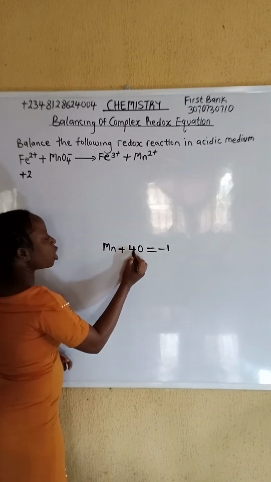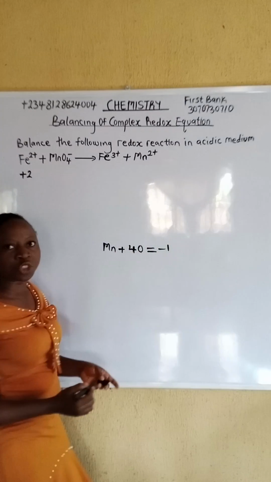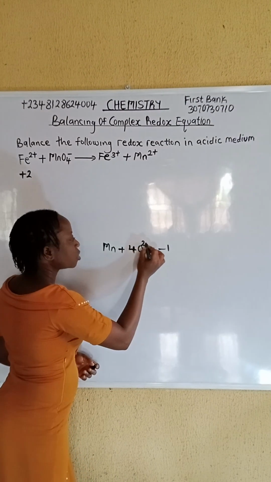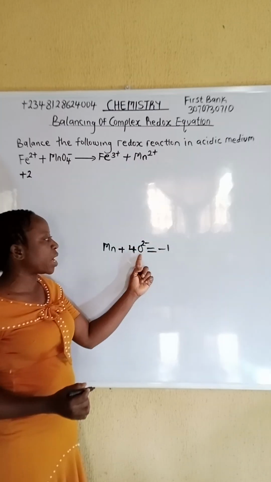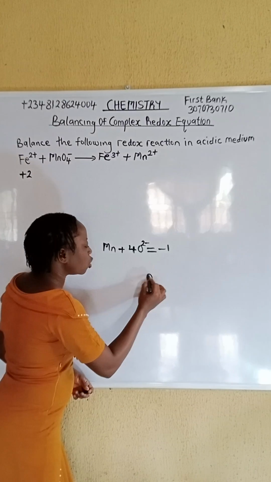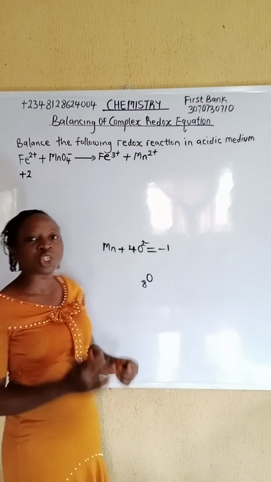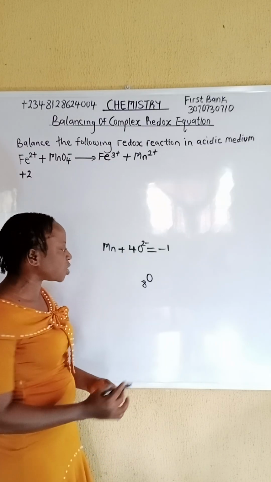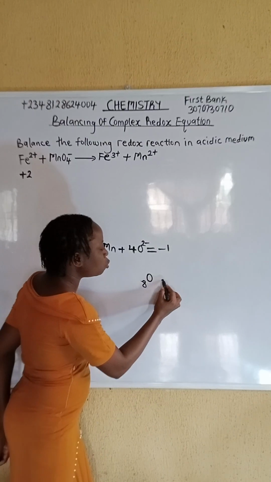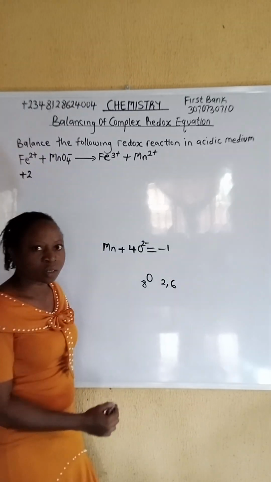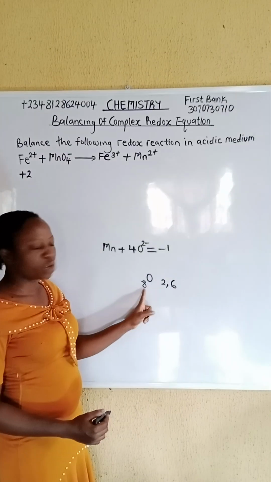Now, what is the oxidation number of oxygen, or the charge on oxygen? That is -2. How did I get this -2? Oxygen is number 8 in the periodic table. So when you write the shell electronic configuration of oxygen, the first shell will take 2, then the second shell will take 6. 2 plus 6 gives you 8.